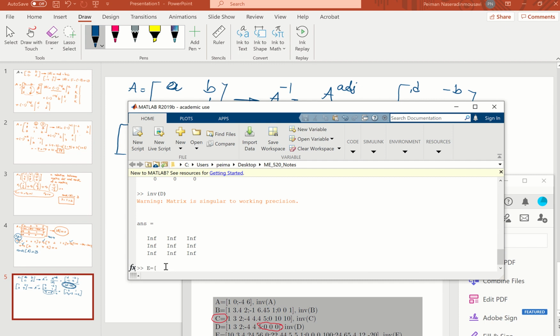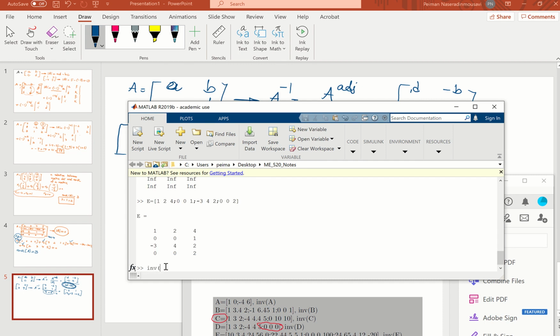E is 1, 2, 3, 4, 0, 0, 1, minus 2, minus 3, 4, 2, 0, 0, 2. This is the matrix.